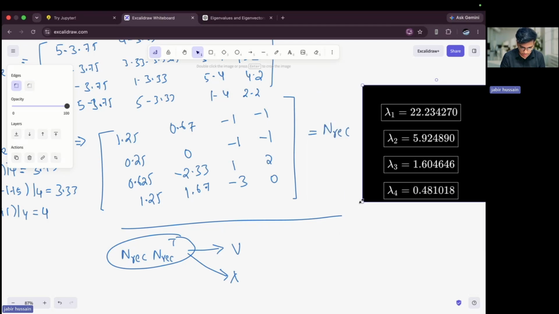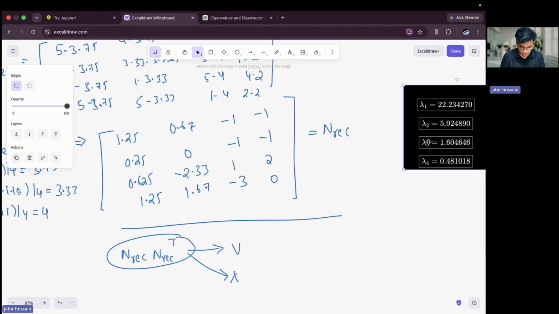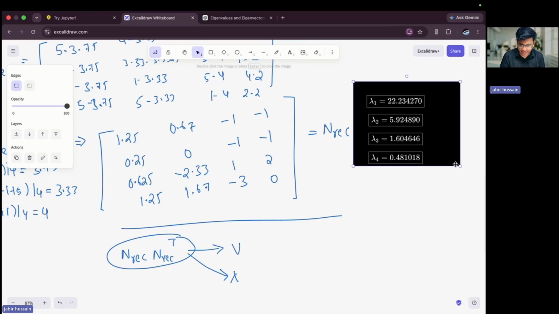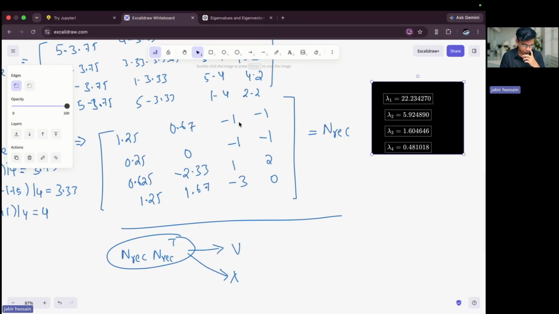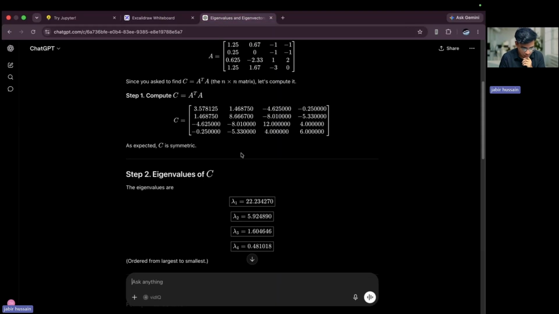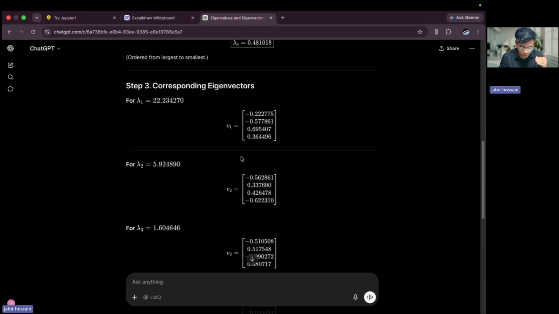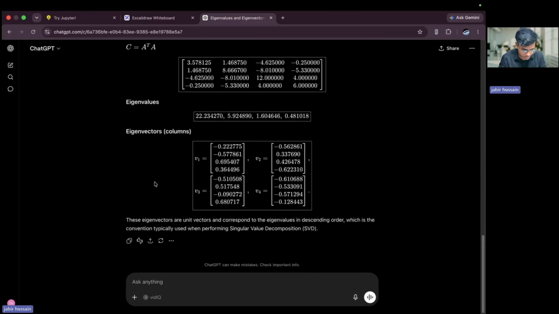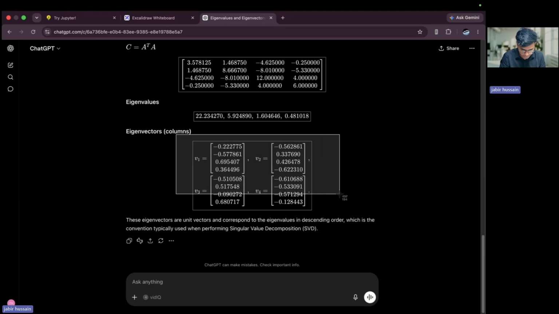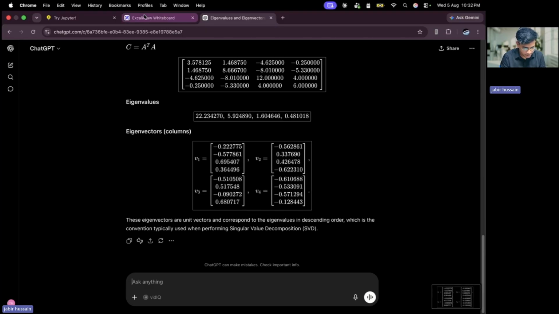We can take doubts at the end of the session, it's all right. Now we got lambdas and we got v1, v2, v3. So our V would be this, the eigenvectors are this. I'll copy our eigenvectors and put them here.